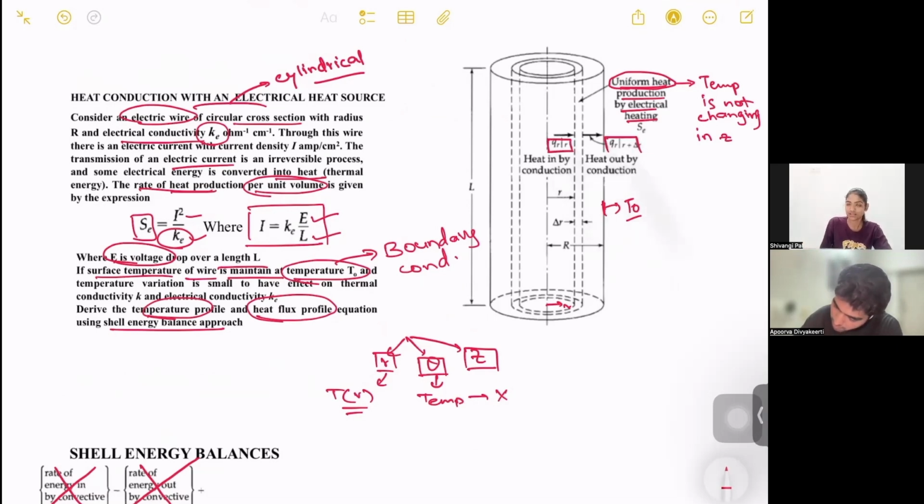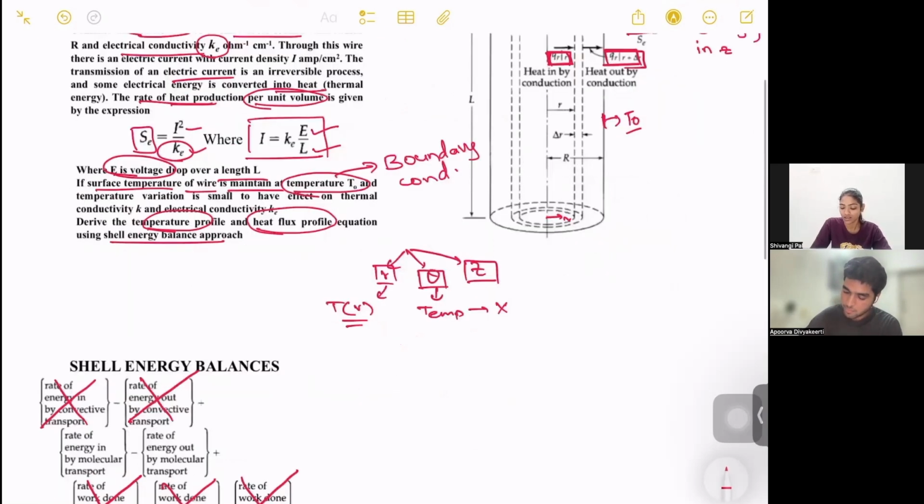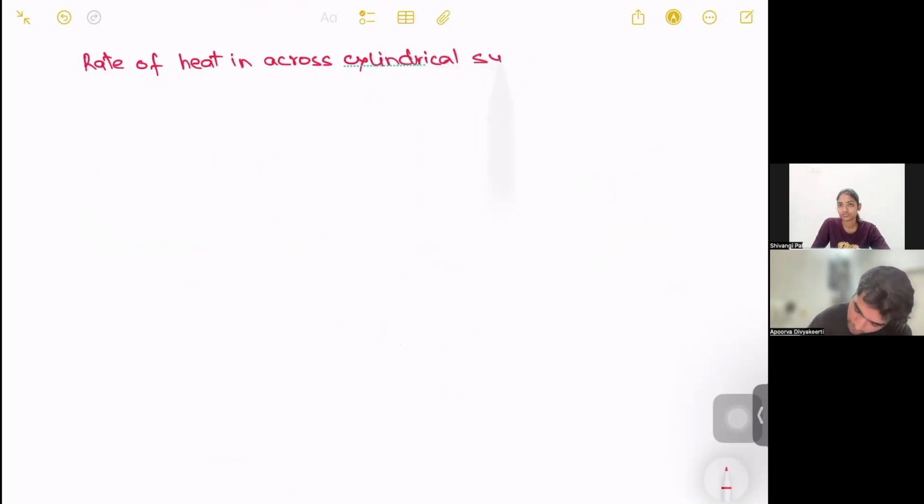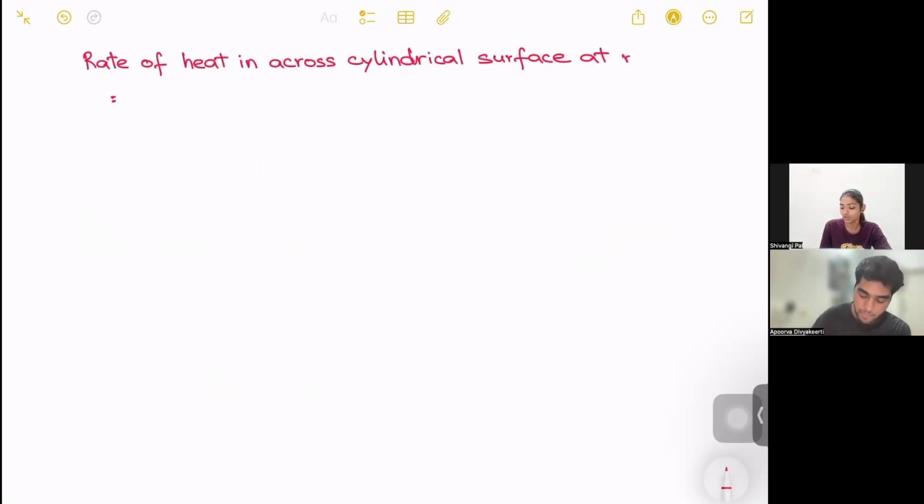Now we will look at the rates. Rate of heat in across the cylindrical surface at r will be equal to the surface area times the flux.